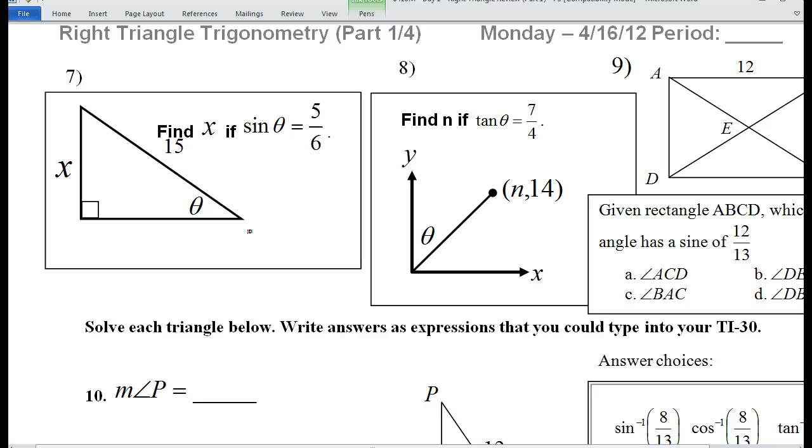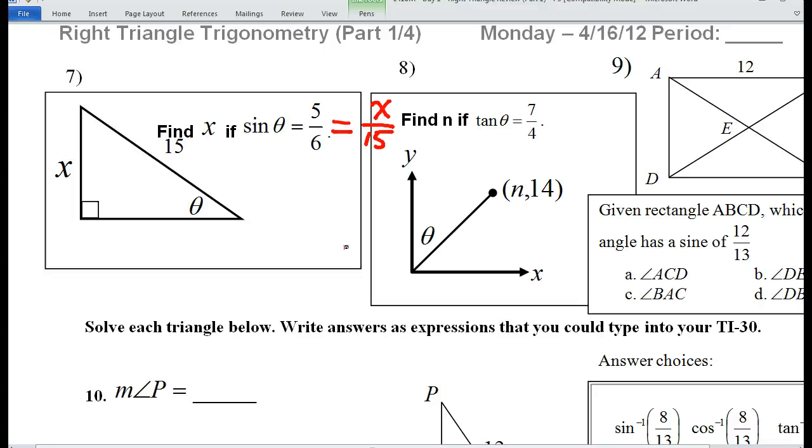So the sine of theta should equal x over 15, am I right? Now, I can just stick that on the end of here, because they say the sine of theta equals 5 over 6, but we just found that it will equal x over 15. So we have a new equation. 5 over 6 must equal x over 15. Do you follow that logic?